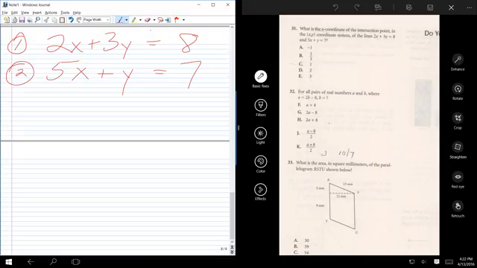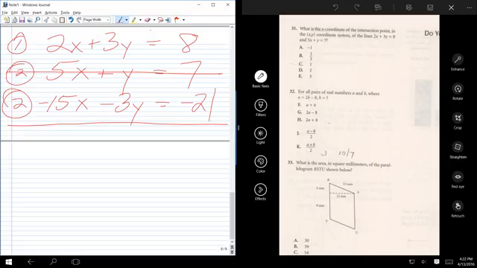What can I multiply equation number 2 by? 3? Let's do negative 3. Oh yeah, negative 3. Because that'll make it minus 15x minus 3y equals minus 21. So that's my new equation 2.